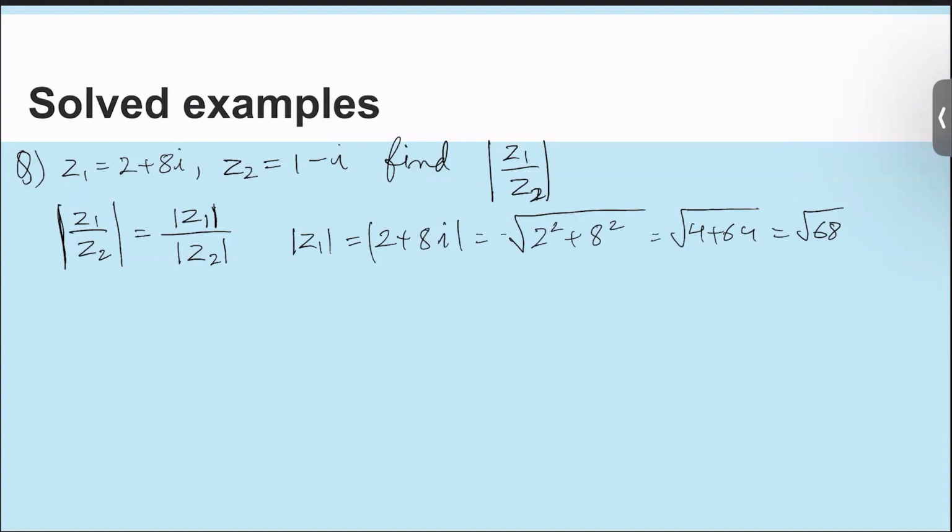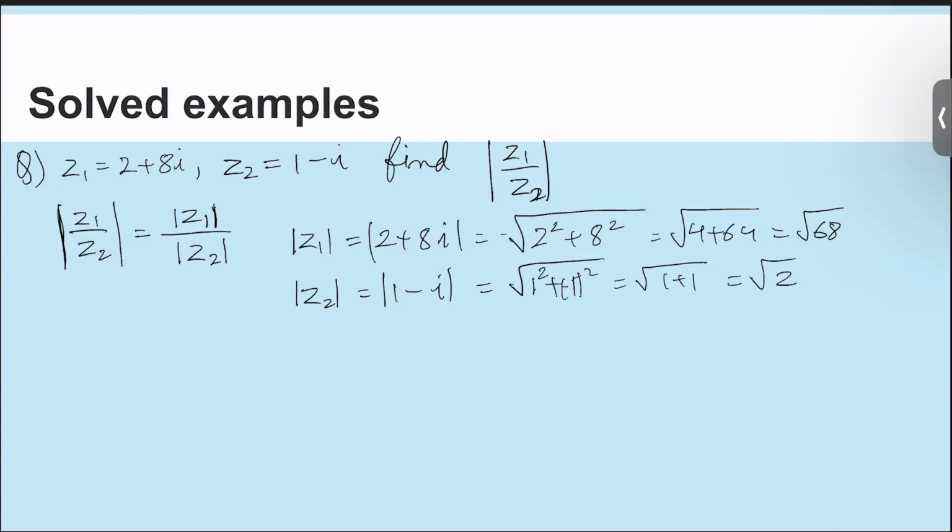Okay, so you can get that for Z2. You have 1 minus i, that is 1 squared plus minus 1 squared, and that is 1 plus 1 equals root of 2. Okay, so now we have this.